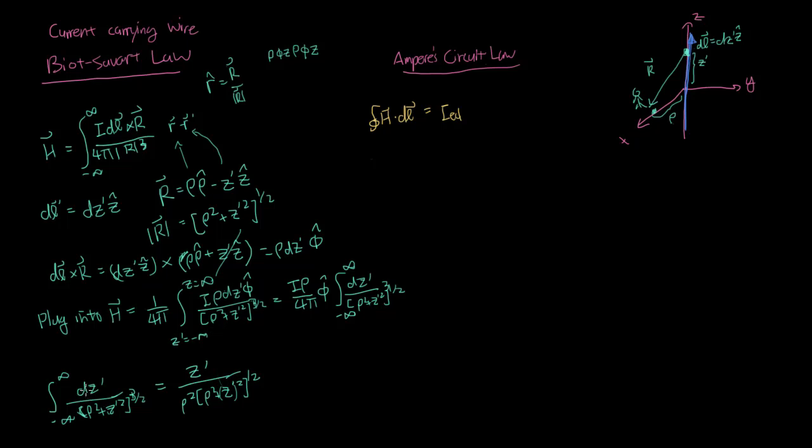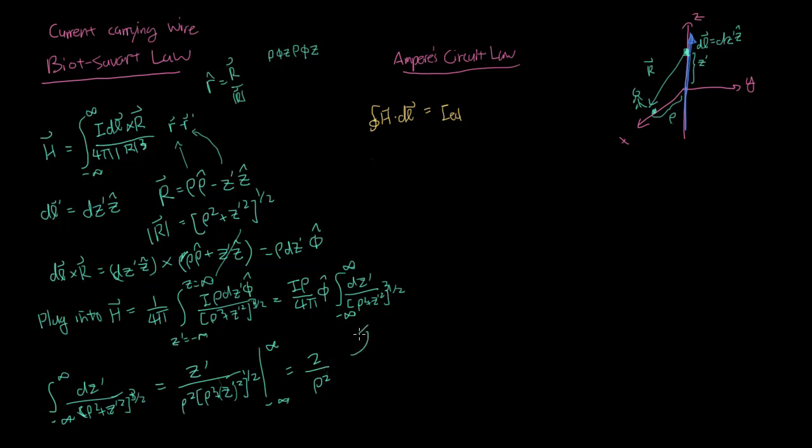Then we evaluate this from minus infinity to infinity. After all that work, you get a very anticlimactic 2 over rho squared.